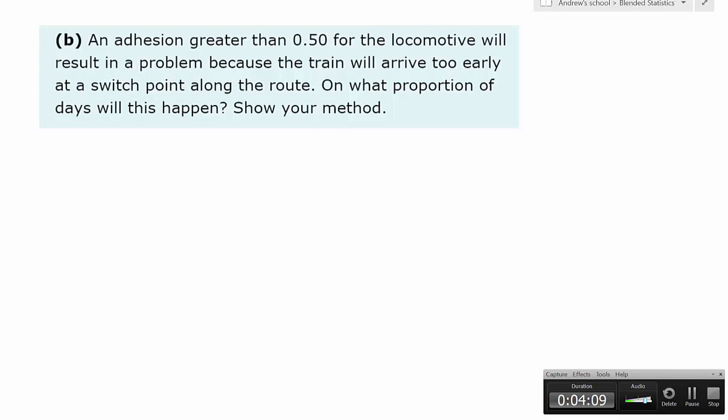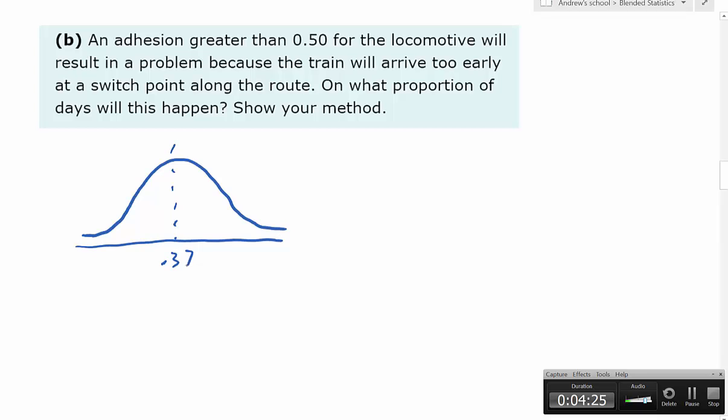Part B is asking for the probability that it will be too early, and this is if the adhesion is greater than 0.5. So as before, we've got the normal distribution, the mean is 0.37, standard deviation is 0.04, and we want the probability of it being bigger than 0.5. So we're looking for this very top tail.